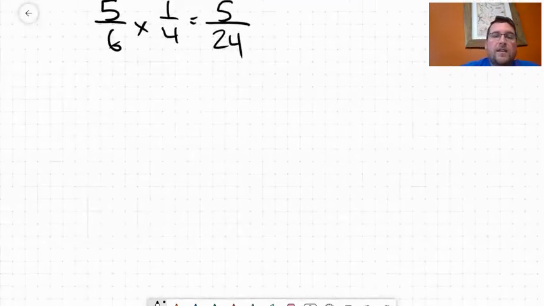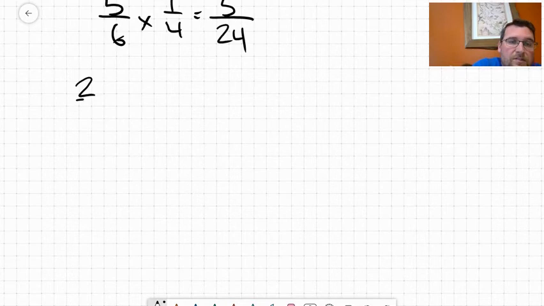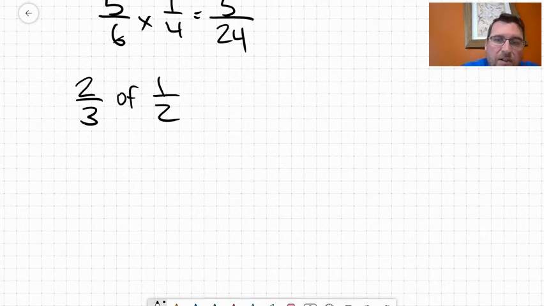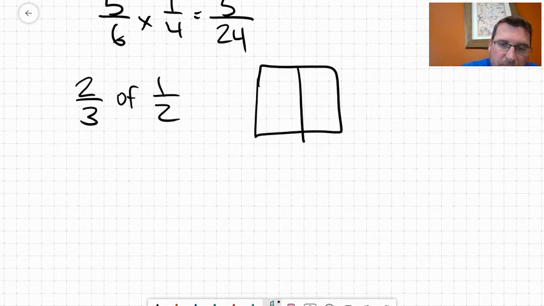The only thing that may come up is when you have something like this. If I have 2/3 of 1/2, I'm going to do this one pretty quick. So I want to do a half. There's a half, labeled a half. And then I need thirds, so I'm going to do that horizontally. I'm going to draw 2 lines for thirds, so that makes it 1, 2, 3 rows.